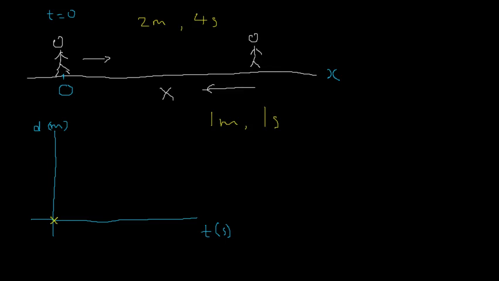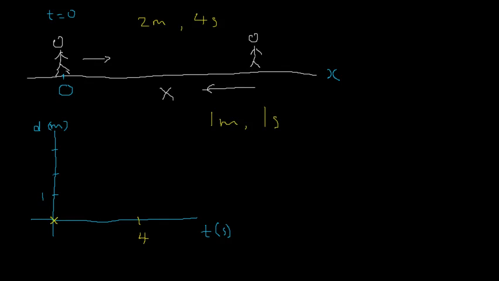And after 4 seconds, he's at 2 meters away. So, right, let me put some ticks on the graph. Let's say this is 1, 2, 3.